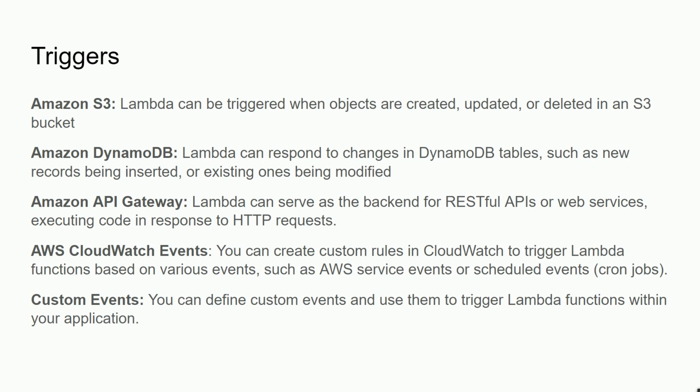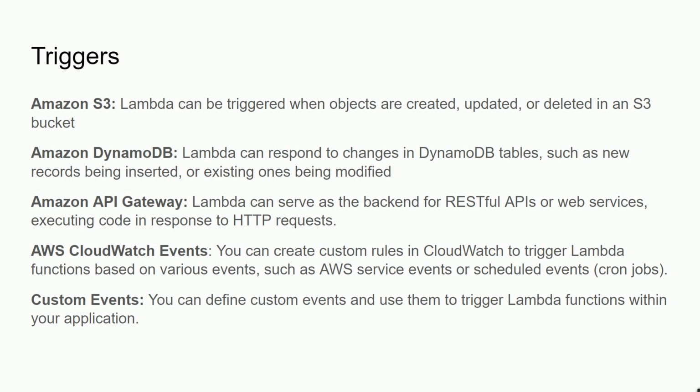Amazon API Gateway, Lambda can serve as a backend for RESTful APIs or web services, executing the code in response to an HTTP request. AWS CloudWatch events, when certain events are generated in CloudWatch, then you can provide a Lambda function which will make certain modifications in your resources.